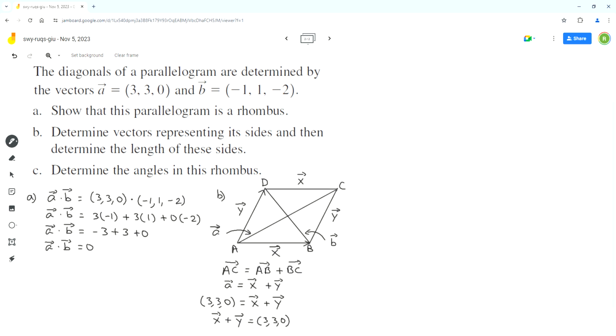Now we can analyze vector B, which is DB. Vector DB goes from point D to B, and an alternate way to go from D to B is to go from D to A and then from A to B. Vector DB is the given vector B, and vector DA is the opposite of vector AD, so we can write it as minus vector AD.